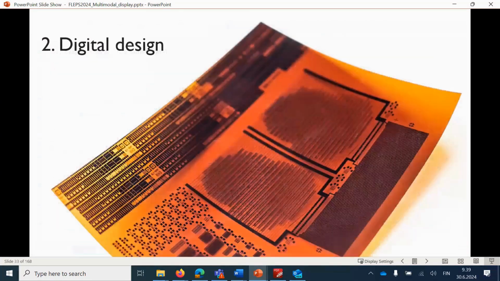And with this, we will go to the second part, which is the digital design, the last part of our flow. We started from the beginning, from the image array, from the sensor array, and now we go to the last part.